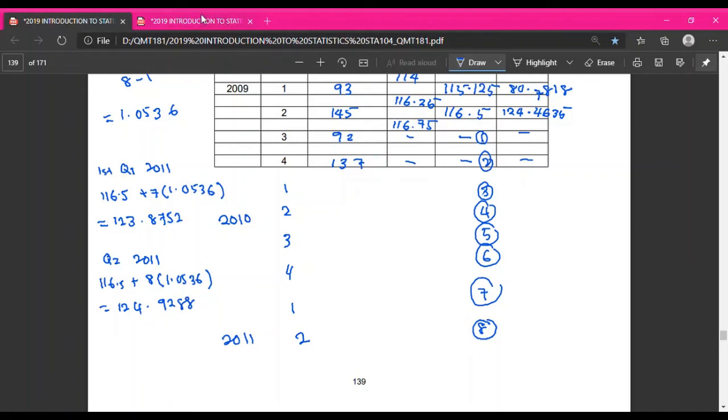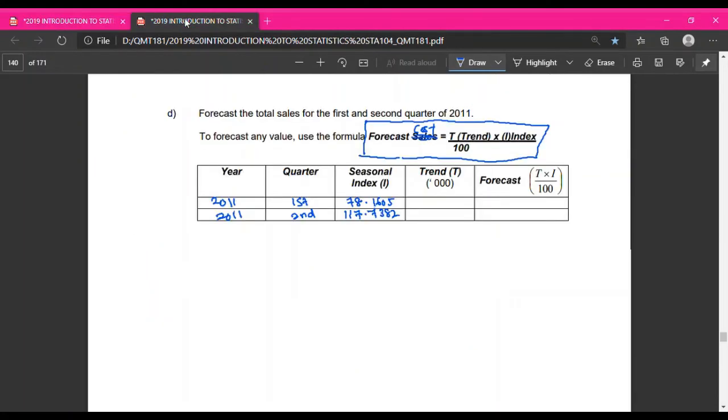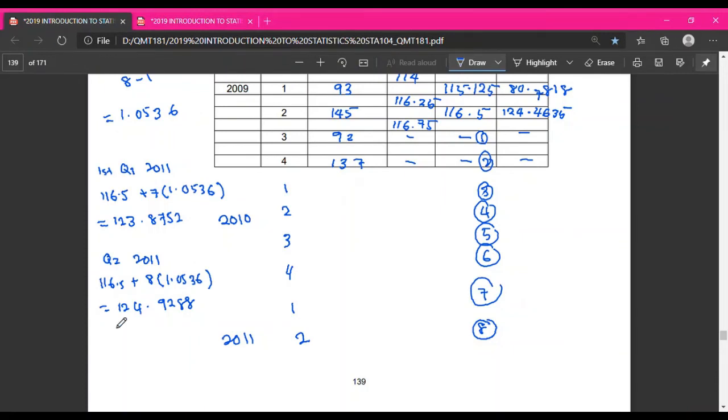Okay, so we put in the table beside. Okay, first quarter 2011, dia punya trend forecast is 123.8752. Okay, second quarter 2011, 124.9288.